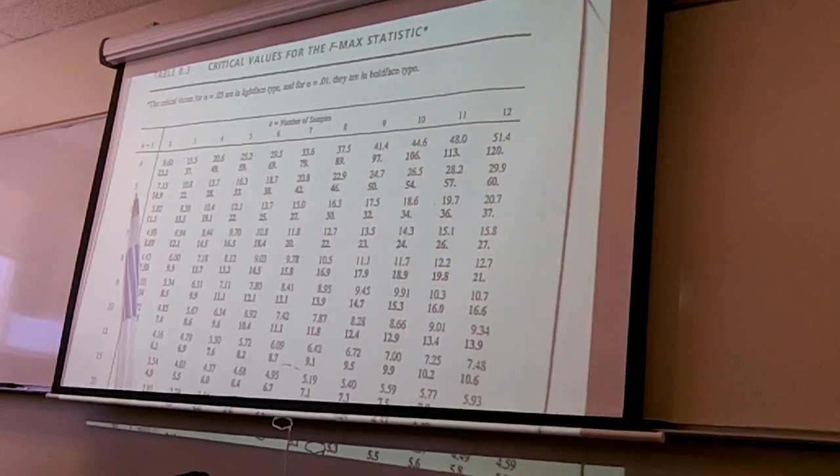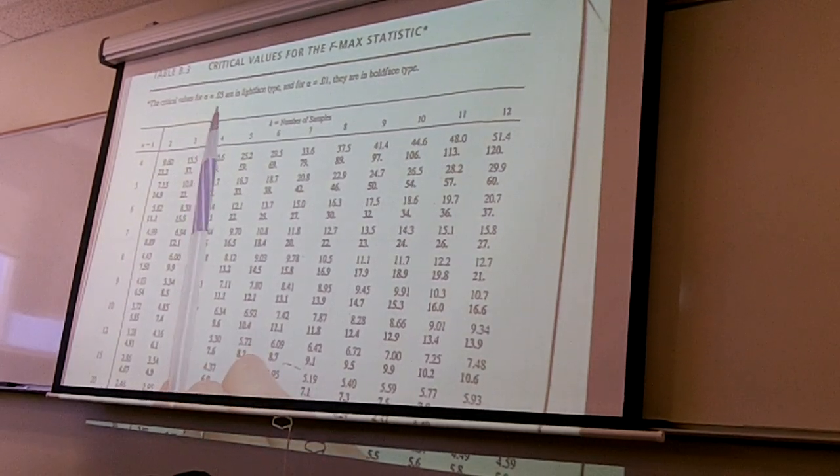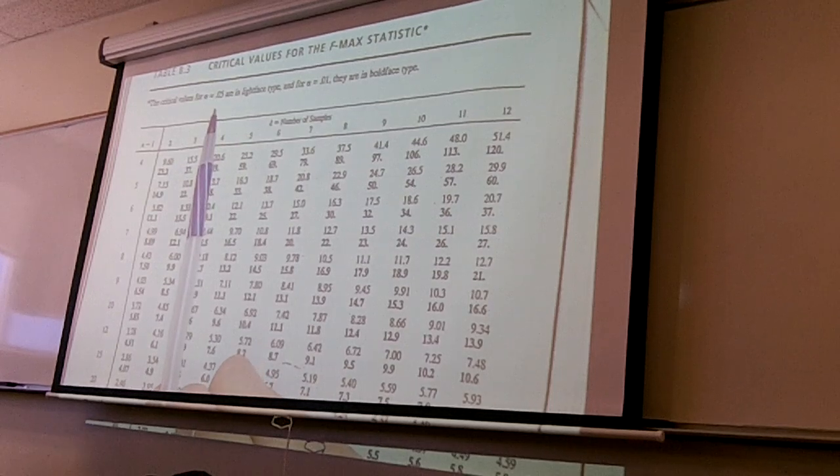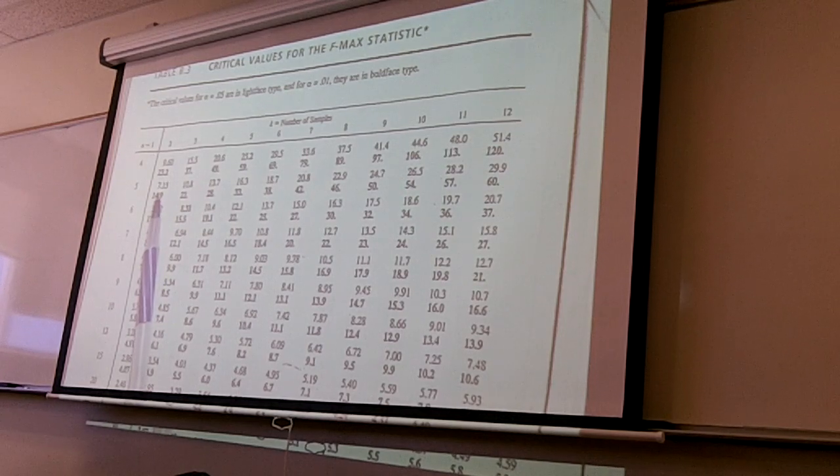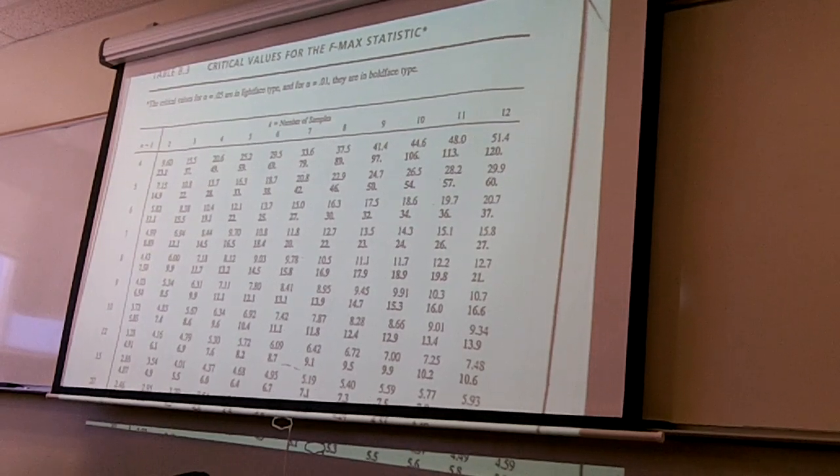Under degrees of freedom 5, knowing that alpha is 0.05, because we use the same alpha for Fmax as we use for our t-test. And it says here that the critical value is 7.15. Right?